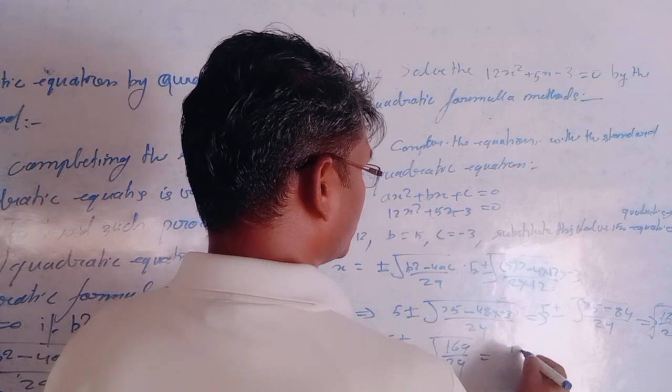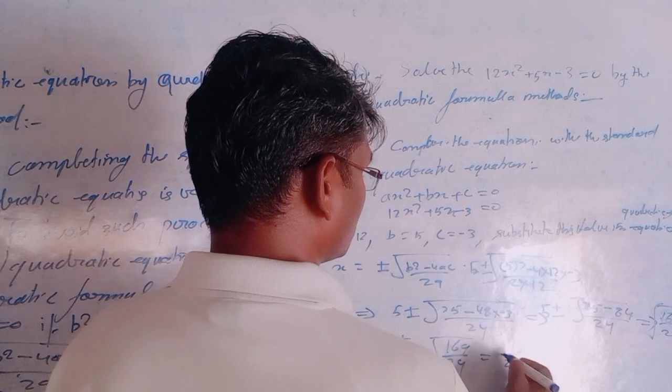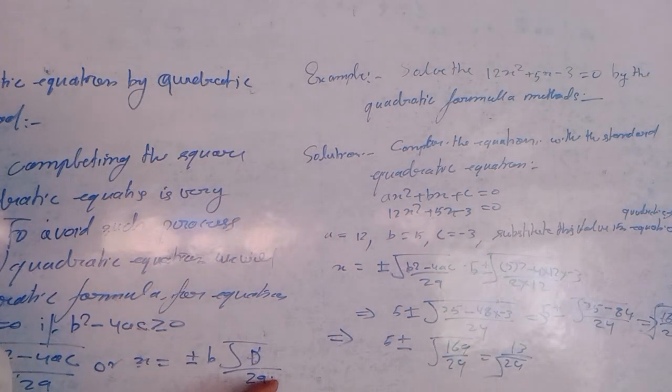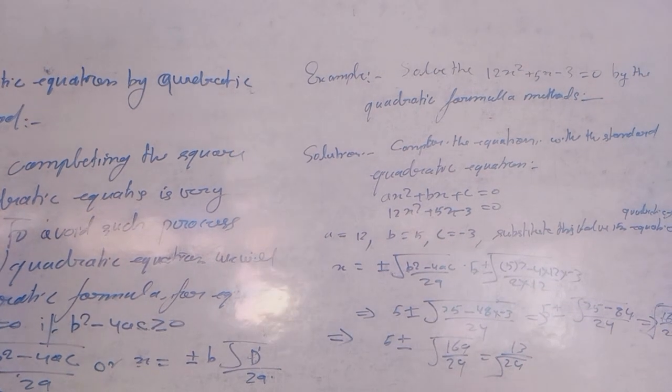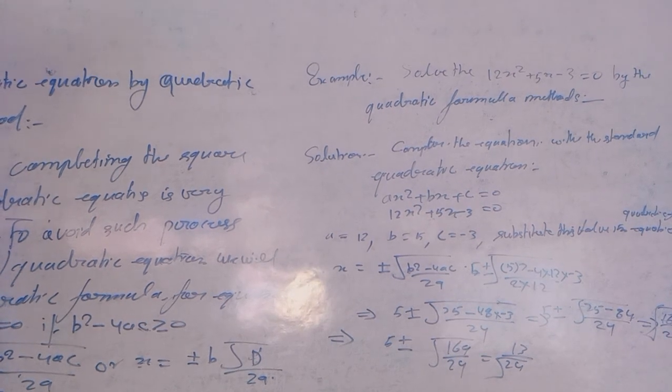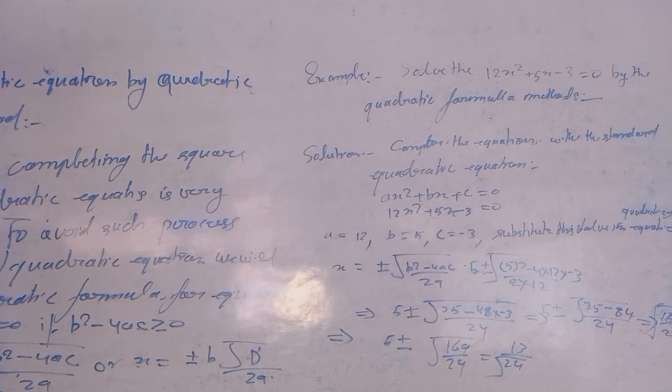The square root of 169 is 13. So we write minus 5 plus minus 13 upon 24, where 24 is 2 into 12.